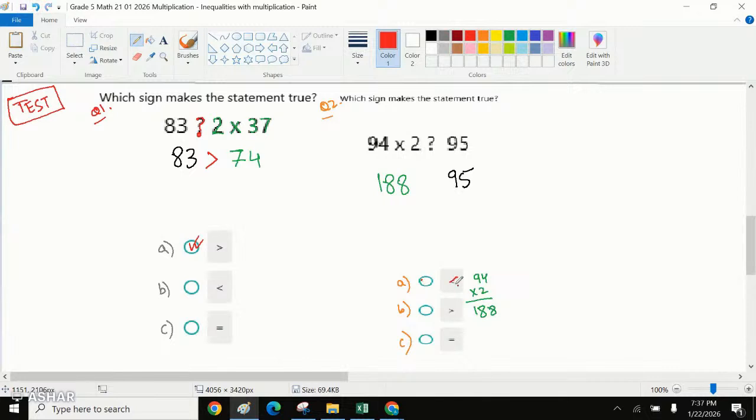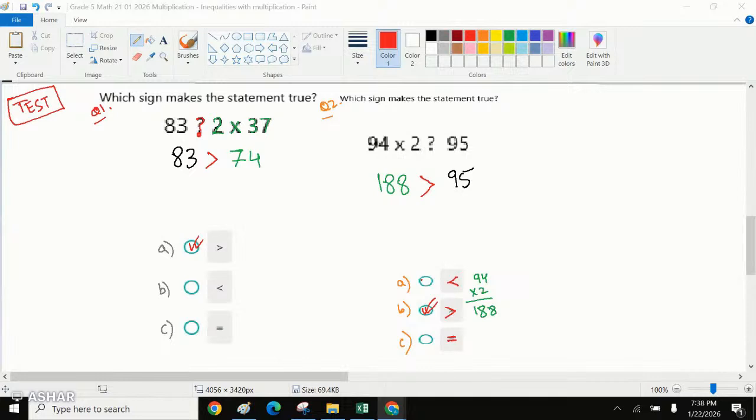I was just looking at the sign. I was looking at the other question. I'll just rewrite these. 188 is greater than 95, right? And the greater sign was option number B. Okay, sorry. I was just reading question number 1 as well. So we can say 188 is greater than 95. That would be the answer.